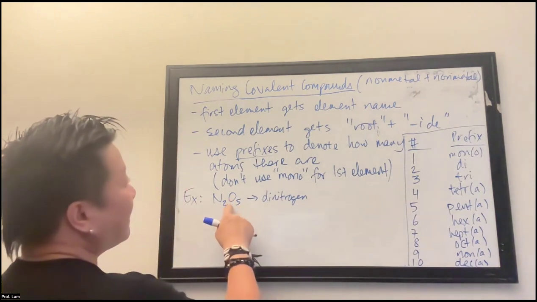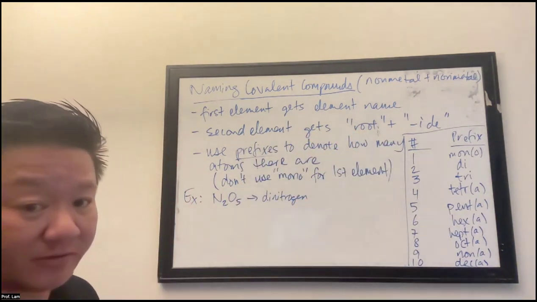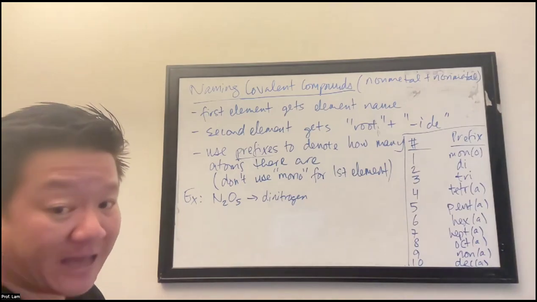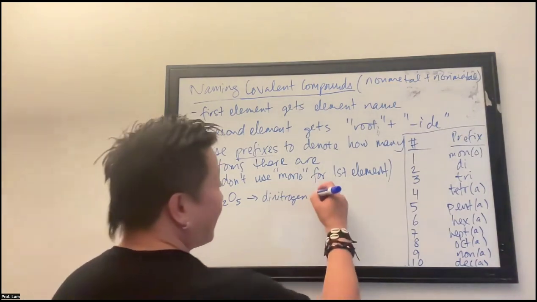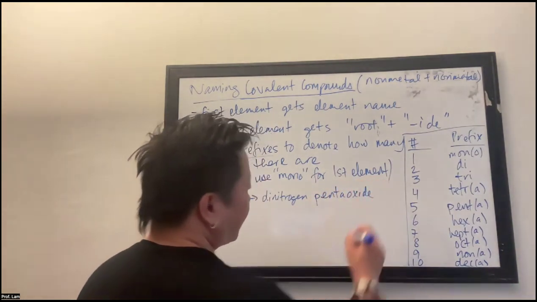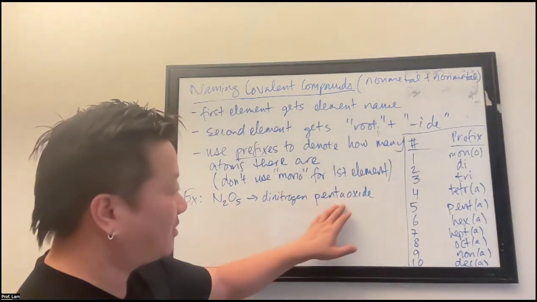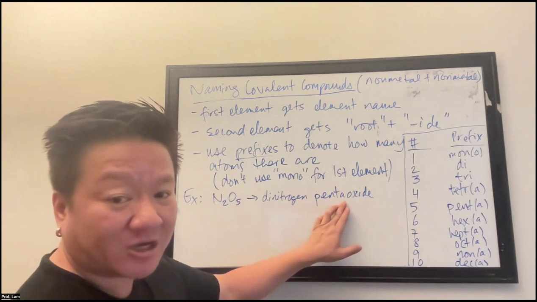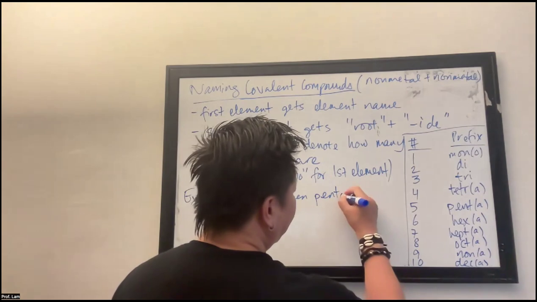Then it says the second element gets root and IDE. It's oxygen, just take the root, ox, add IDE, oxide. But there are 5 of them, so you're going to do pentaoxide. That sounds like too much of a mouthful, so we just shorten it to pentoxide.